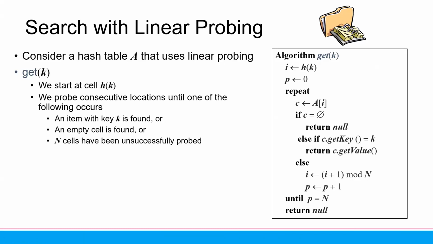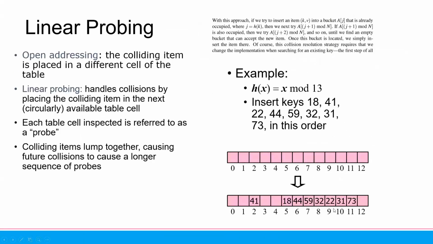Let's say I already get this result. Okay. Now I want to get the key 73. How can we get the key 73?